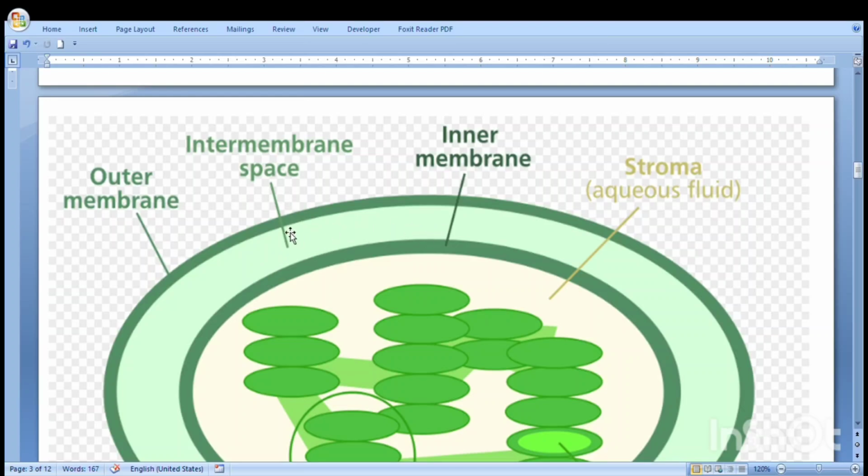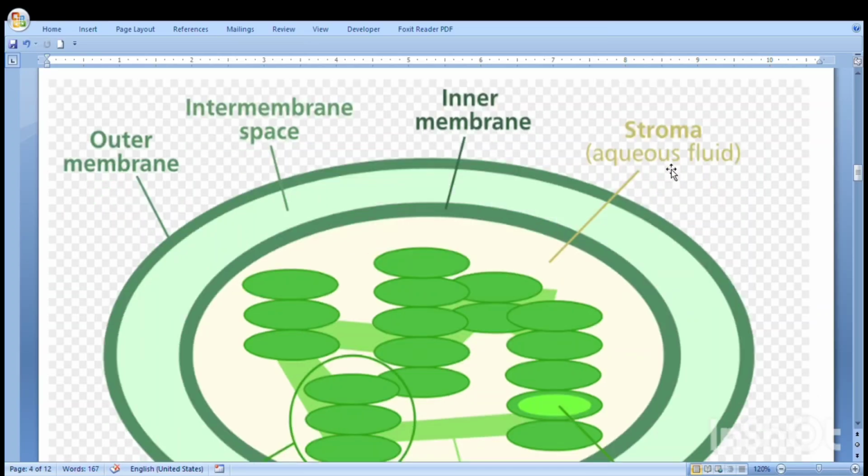This light color area is the intermembrane space. This dark color area is the outer membrane. Next, come to the stroma. This is the aqueous liquid which is present inside the inner membrane of the chloroplast. Got it?